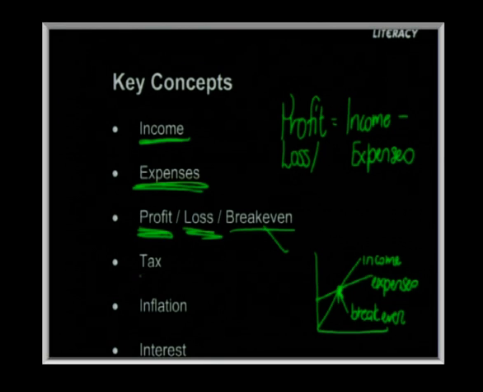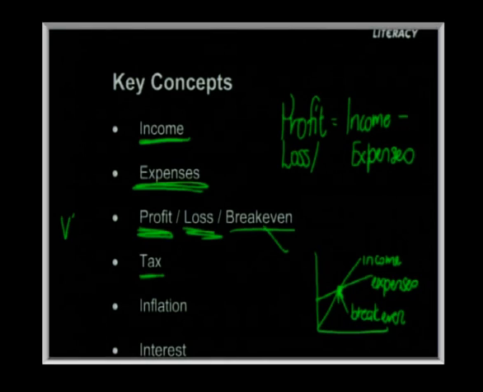Another key concept that we need to know about is that horrible word called tax. There's many different types of taxes. The main ones that we deal with are called VAT, which stands for Value Added Tax. And that in South Africa is charged on any goods that we purchase or any services that we buy, or most of them anyway.